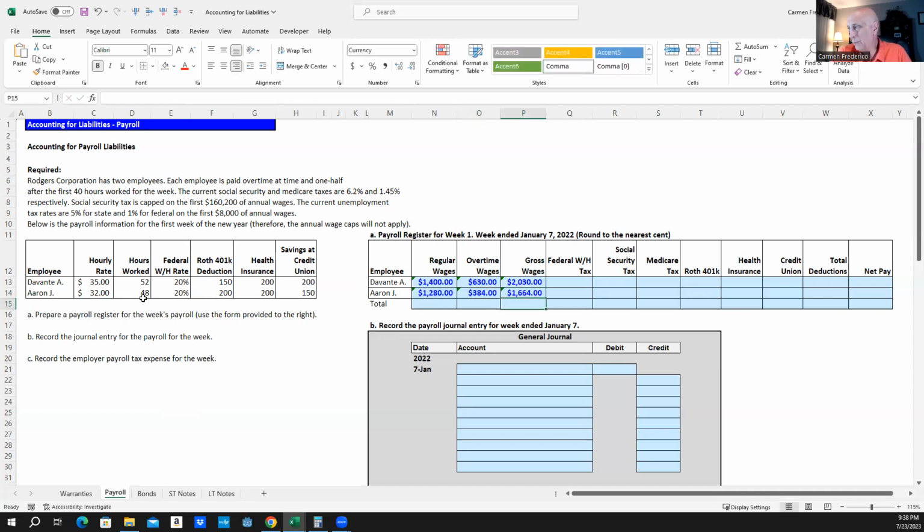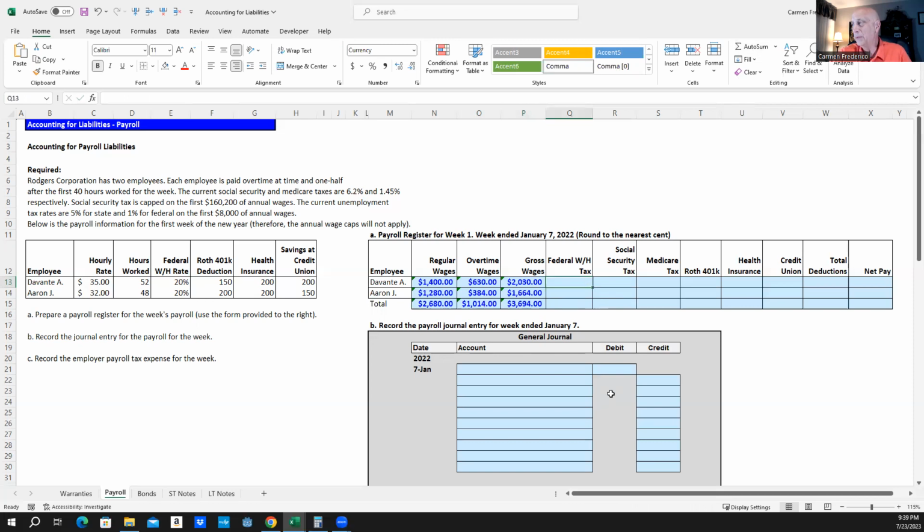Gross pay just means before taxes. So we can add those up and you get total payroll so far for these 2 employees for the week. These 2 employees are all the employees that Rogers has in this corporation.